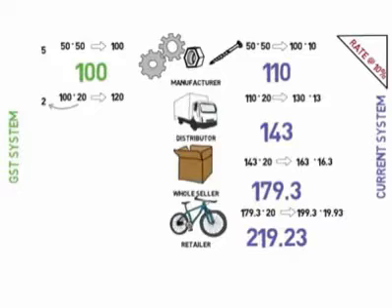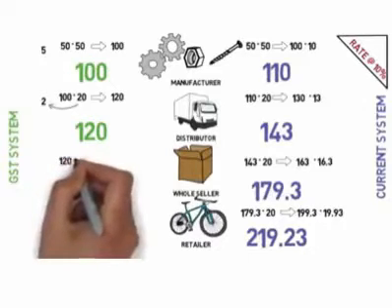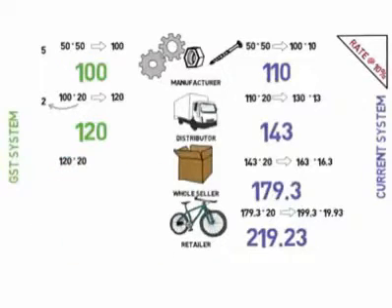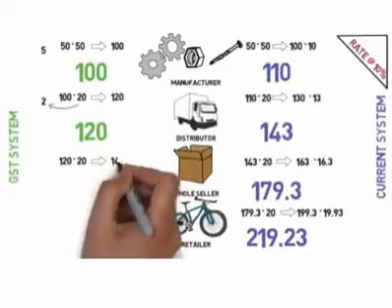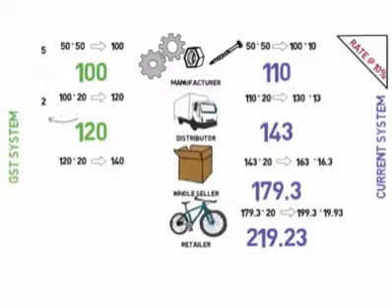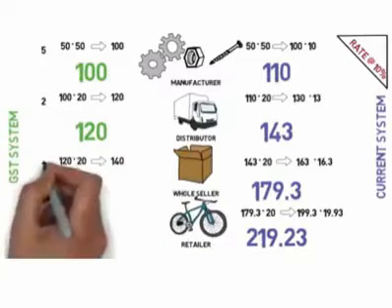The wholesaler buys the product for 120 rupees and follows the same pattern, adding 20 rupees as his profit, and the price becomes 140, and pays the tax of rupees 2 on his profit of 20 rupees.